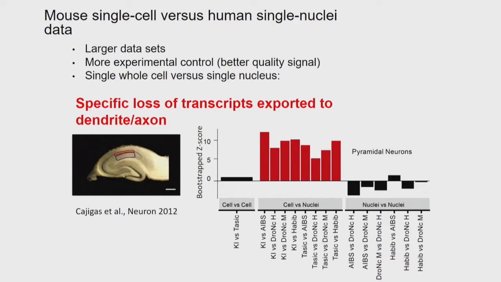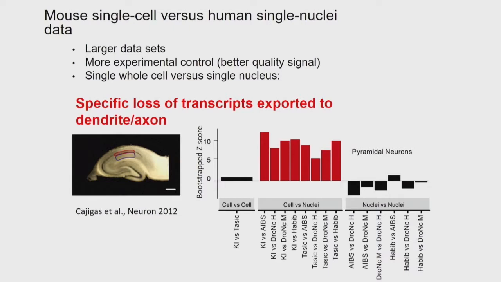This contains all the cell bodies. Then they cut out the neuropil, which contains very few cell bodies, and compared the gene expression between the two. This is an attempt to get at those transcripts that are preferentially exported into the dendrites and axons, compared to what you find in the cell bodies.